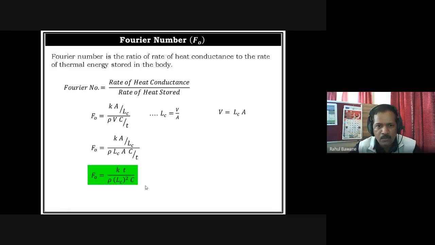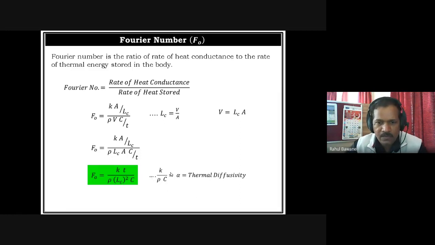Now on rearranging, A gets cancelled, and Lc becomes Lc square. So our Fourier formula will be Kt upon rho Lc square C. This t is the time, K is thermal conductivity, and C is specific heat. Now, if you remember, K upon rho C is nothing but thermal diffusivity.